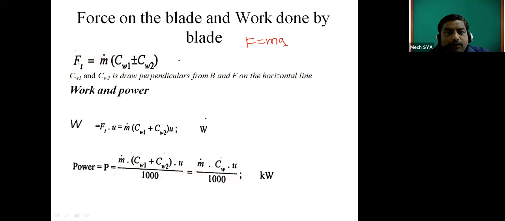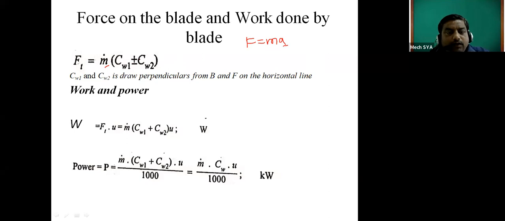Now Ft is the tangential force exerted on the blade by the steam. Ft is equal to m dot into, in bracket, CW1 plus or minus CW2.